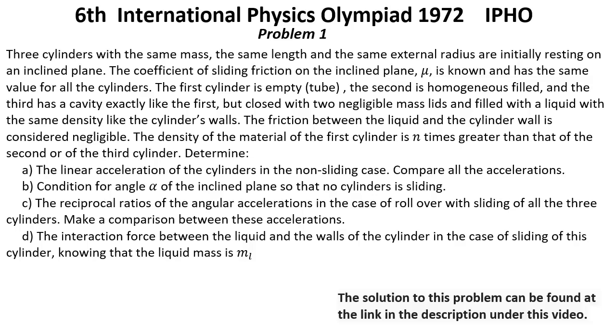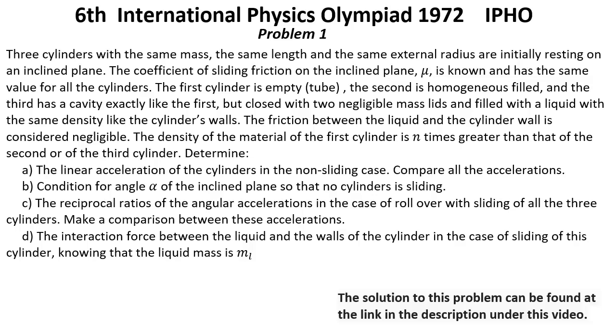The first cylinder is an empty tube. The second is a homogeneous full cylinder, and the third has a cavity exactly like the first, but closed with two leads of negligible mass and filled with liquid with the same density as the cylinder's walls.